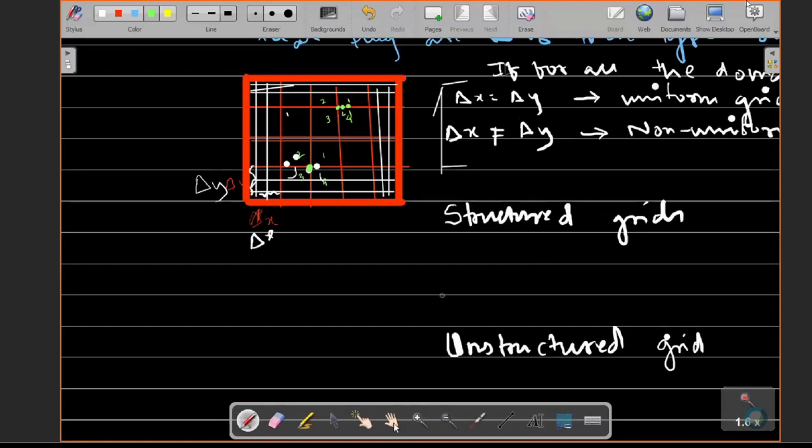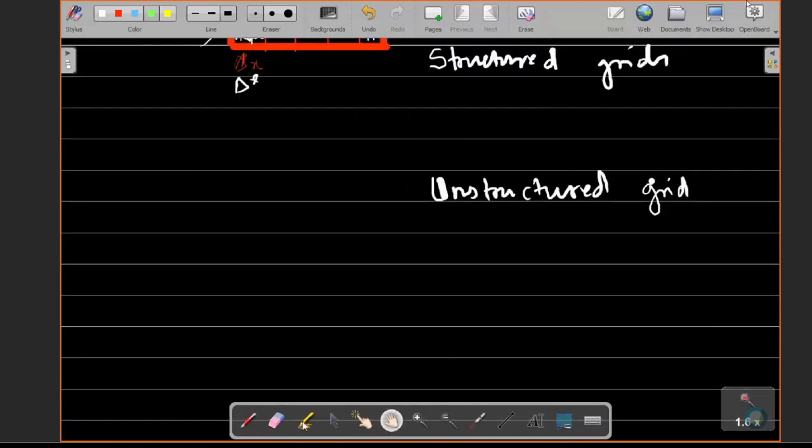Structured grid looks like this, for example. This is a domain, then an unstructured grid looks like this. They can be triangular shape or any other shape, hexagonal shape.